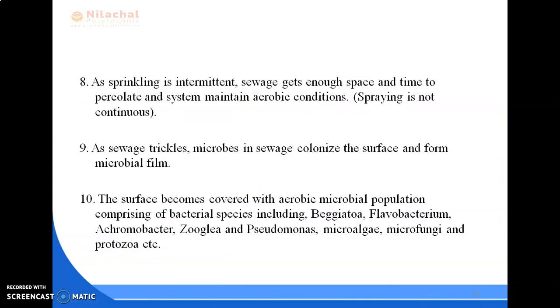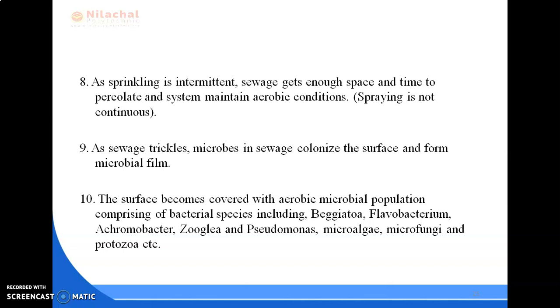And as sprinkling is intermittent, sewage gets enough space and time to percolate and the system maintains aerobic condition. So the total process happens in the presence of oxygen. It is a totally aerobic condition.